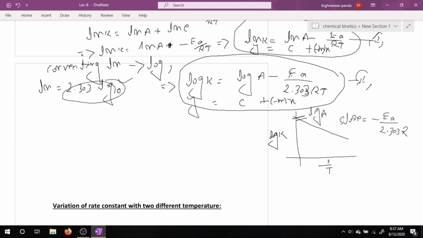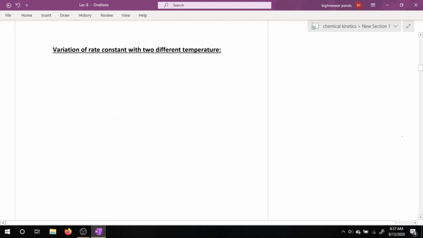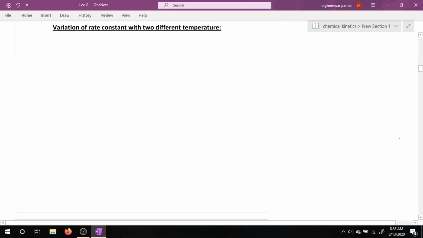Now come to another part: variation of the rate constant with two different temperatures. If two different temperatures are given, what will be the rate constant?